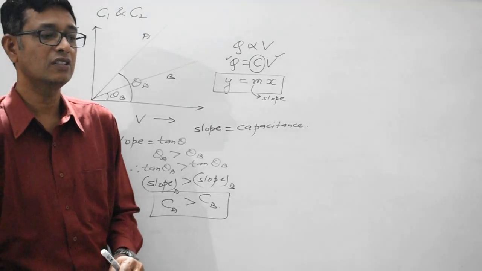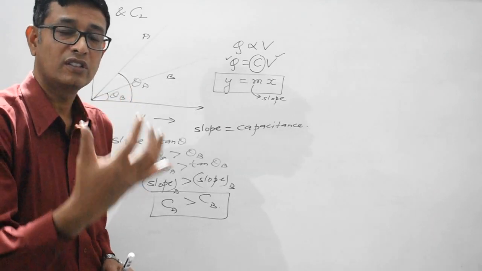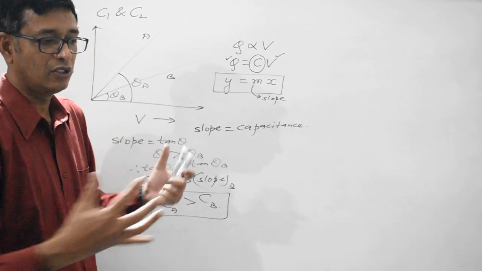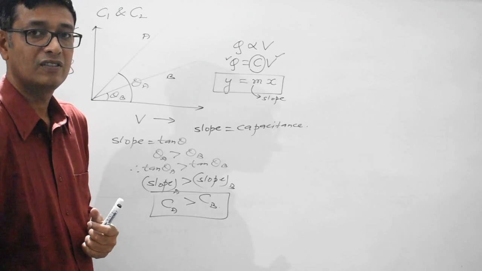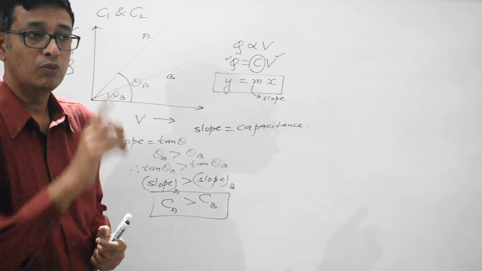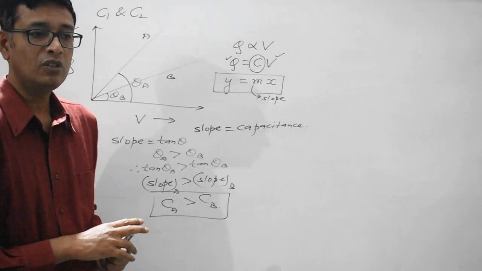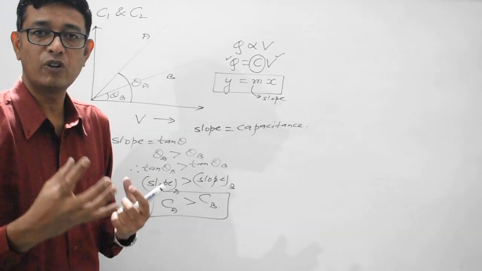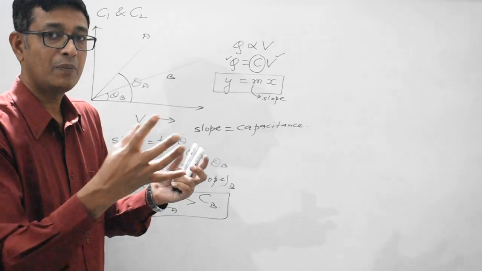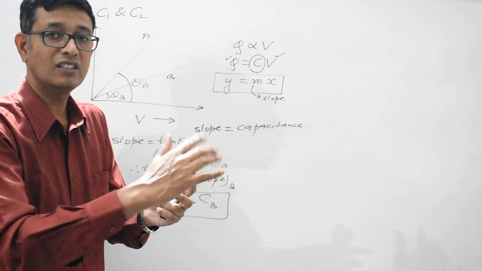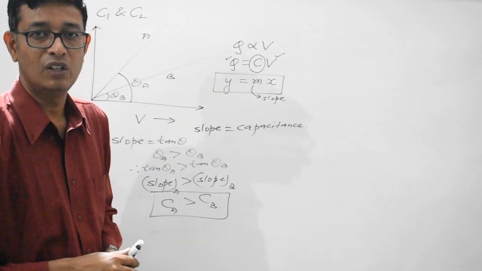Now you need to recall the concept that whenever series grouping takes place, the net capacitance decreases. There we apply the formula 1 by C equals 1 by C1 plus 1 by C2. So the resultant capacitance in the series grouping decreases. While if the capacitors are connected in parallel, the resultant capacitance increases, as the formula is C equals C1 plus C2.